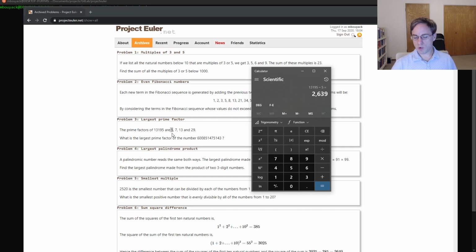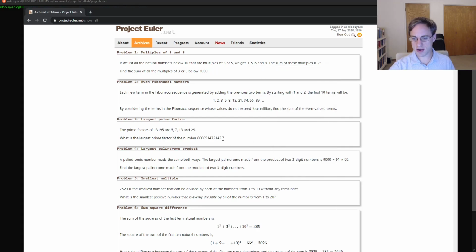Now, one final point of concern is that when you're analyzing algorithms, we like to look at what's going to happen in the worst case scenario. And so we might imagine the worst case scenario for our number is if this were prime, then we would have to search all the way up to 600 billion in order to determine that it's prime and that this is our answer.